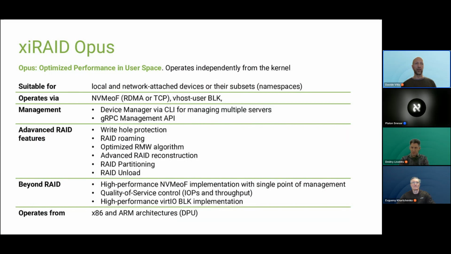We also have some features, which I will highlight in the next couple of slides, which are over and above the data protection that we provide with our RAID and erasure coding capabilities. This software, xiRAID Opus, operates on x86, but we can also operate on ARM architecture, likewise DPU.